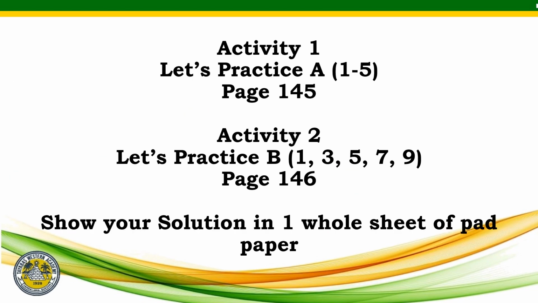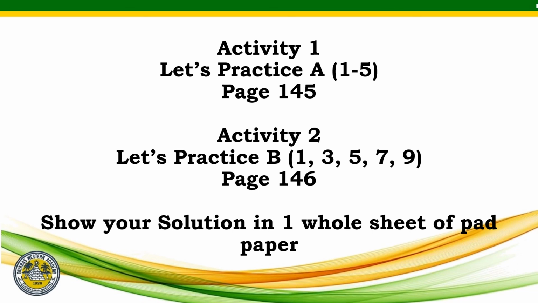Okay, for your activity, ngayong week na to, so activity number 1, let's practice letter A, 1 to 5 yun. So page 145 ng inyong libro. So 1 to 5, state the restriction on the variable. So kung ano yung ginawa natin kanina, yun yung gagawin ninyo. So page 145.